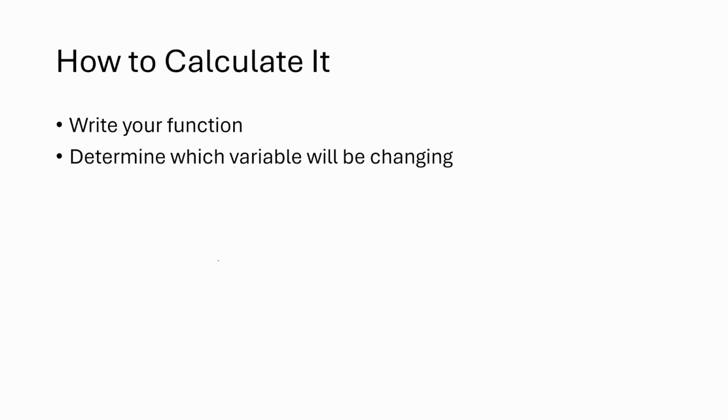So in order to calculate a partial derivative, the recipe is pretty straightforward. Step 1, write down your stuff. Step 2, think about which variable you are differentiating with respect to.